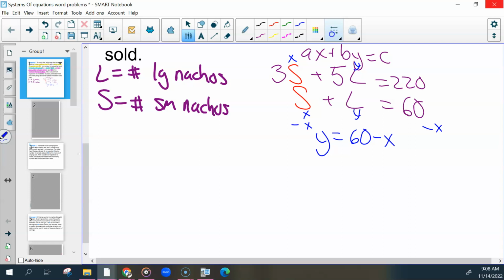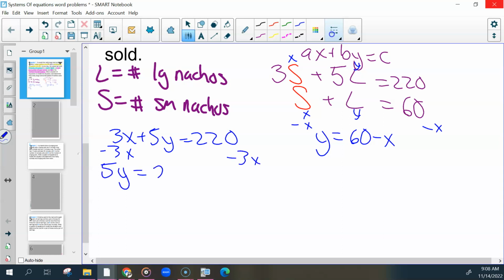For the first one, though, I would need to get rid of my x term by subtracting. So 5y equals 220 minus 3x.